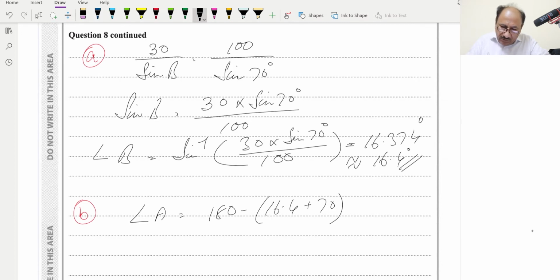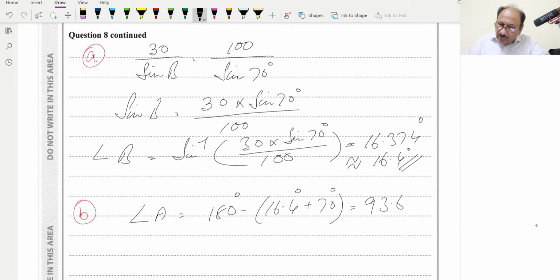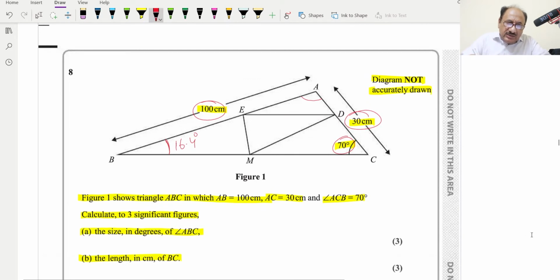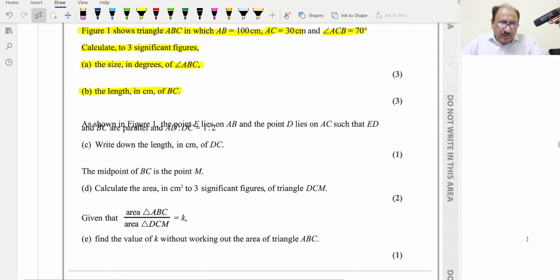These two angles are provided, and this will be equal to 180 minus in brackets 16.4 plus 70, bracket close, which is 93.6 degrees. So we got this angle as 93.6 degrees. Now we can find BC again by sine rule.